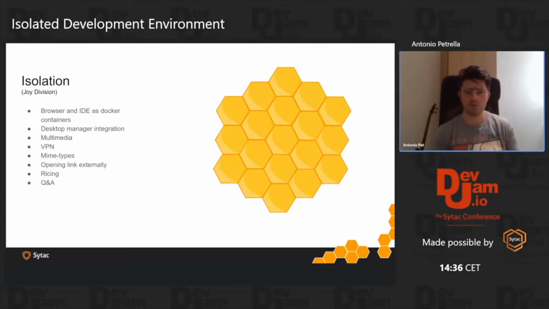I will also show you how to set up multimedia so that you can actually use your webcam or your microphone. Then we're going to some more advanced topics, like how to set up a VPN and how to take advantage of this particular architecture to do some nice things with VPN. And then we're going to go into some further integration with the system, which again makes the experience more seamless and things easier in your normal life.